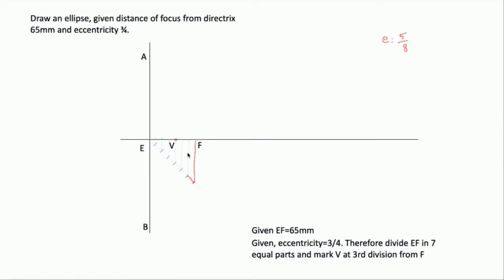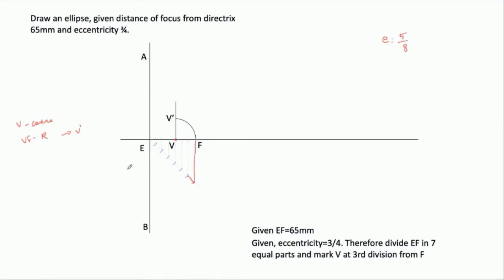Okay. So the next step, what I'm going to do is we are trying to draw a straight line that is perpendicular to V. Then with V as center, VF as radius, we are trying to draw an arc to meet V dash.